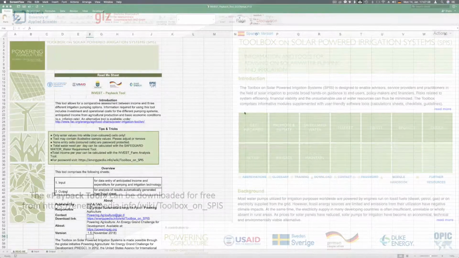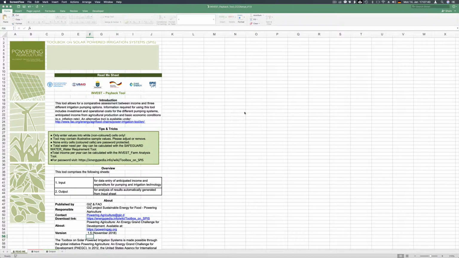We open the tool and go first to the README side. This tool allows a comparative assessment between income and 3 different irrigation pumping options, namely solar, diesel, and grid connection.